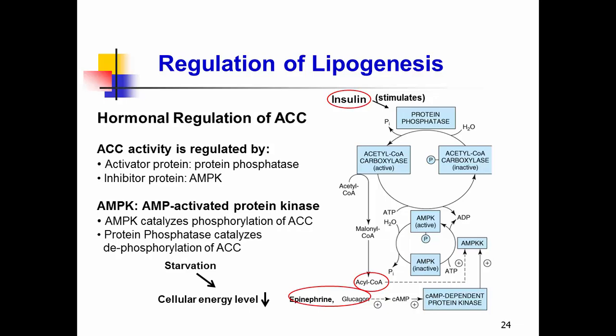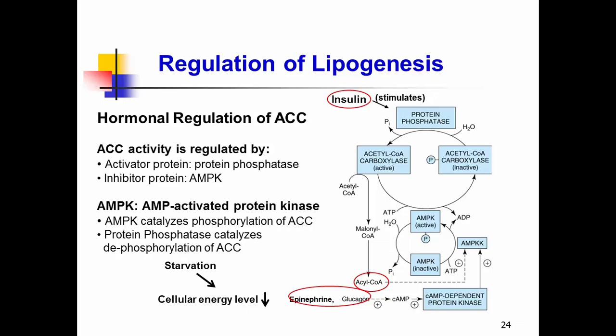So just adding one more component in this regulatory process, right? You know, insulin, we know insulin regulates ACC, right? And dephosphorylates ACC. So that is mediated by AMPK. Sorry, I messed up. I mean the glucagon and epinephrine levels, right?